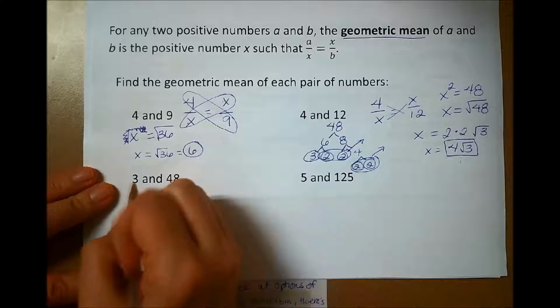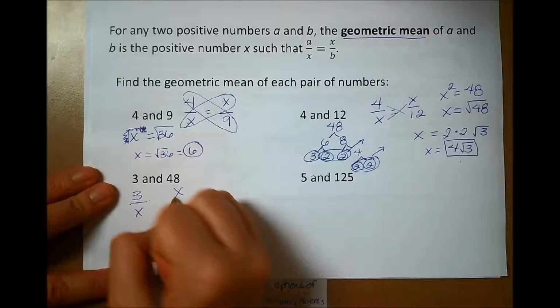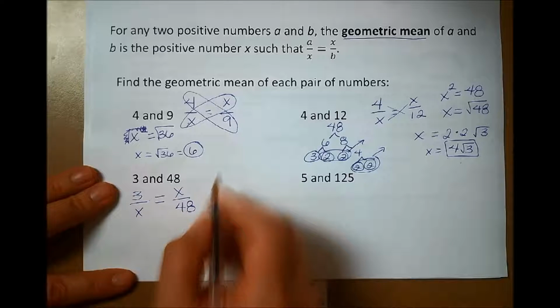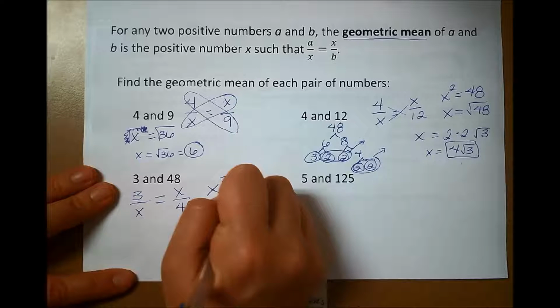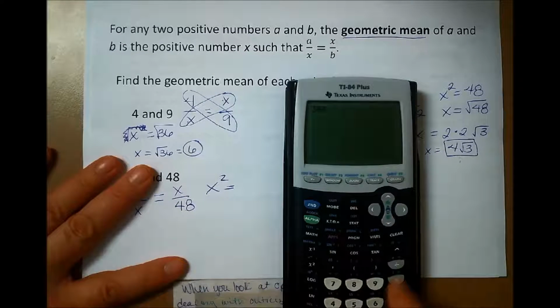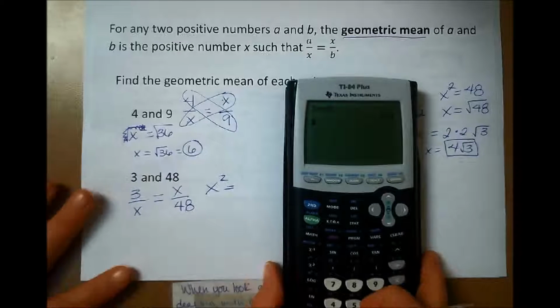3 and 48. Put your variables. I'm using x because I want to, but if you want to use a different letter, you absolutely can. Once again, we're cross multiplying. We get x squared equals, let's do that one in our calculator, 3 times 48, which is 144.